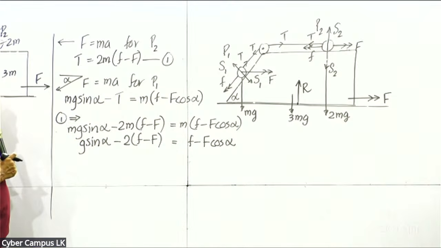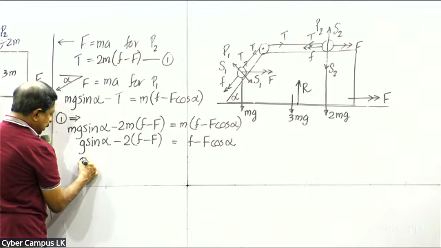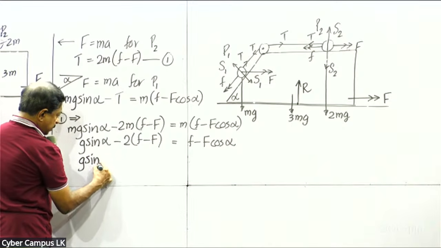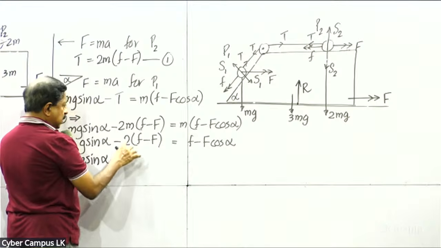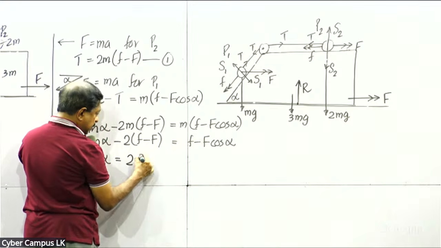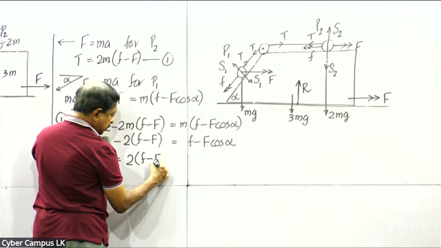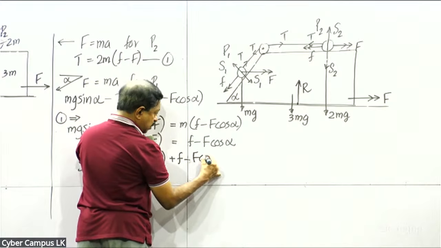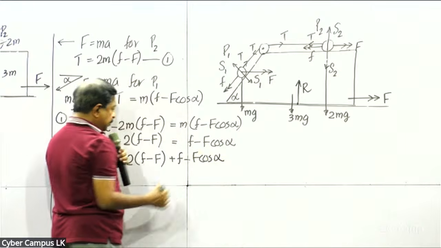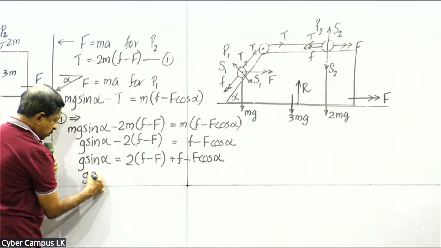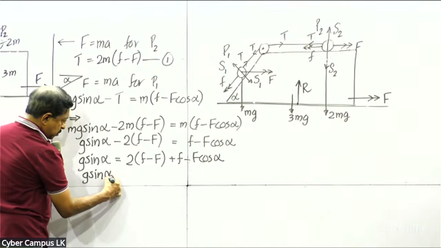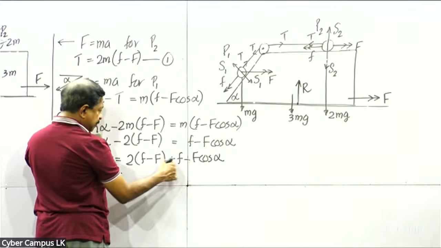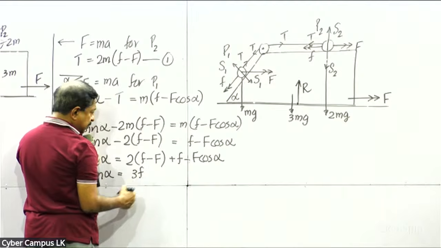Now, how can you do this? Take the variables to one side. We can do it slowly. Now, if you take this to the other side, it will appear like this. Now, 2f plus f, 3 simple f.